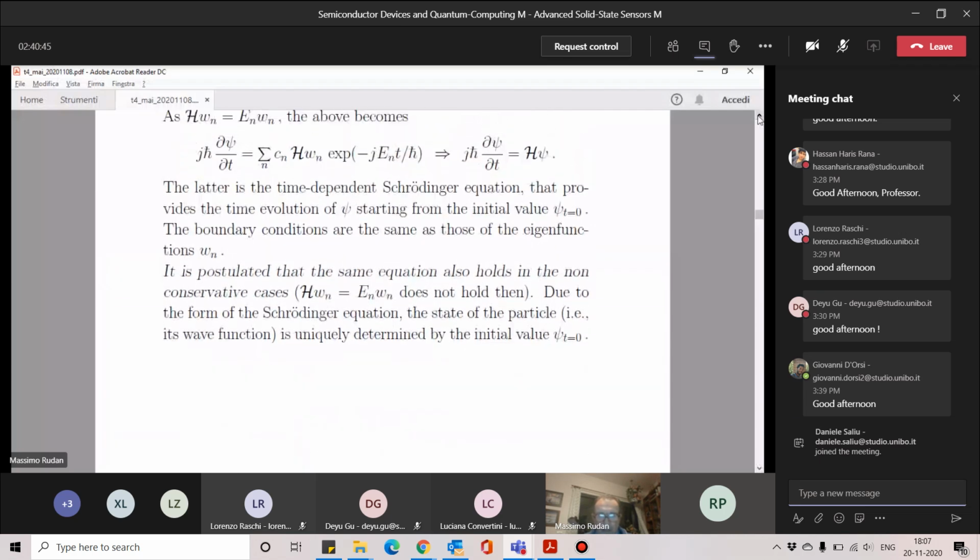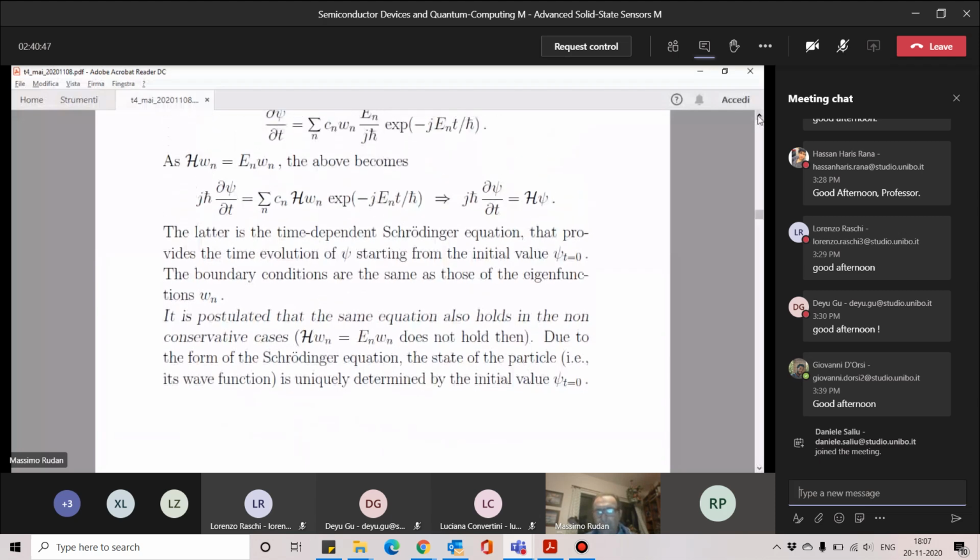Now we open a parenthesis. Still assuming that we are considering the Schrödinger equation dependent on time, we try to manipulate the equation in order to derive some information about the localization of the particle.